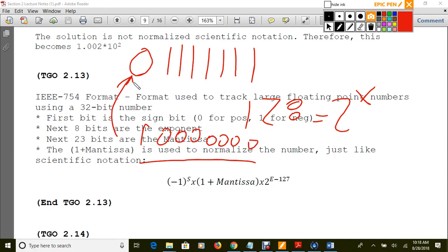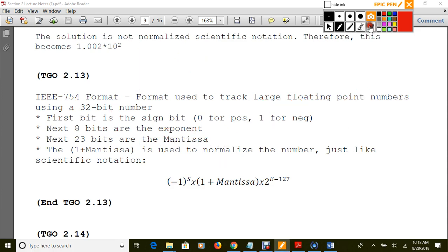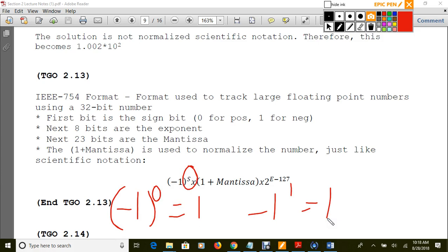Is that s, the negative 1 to the s? Yeah, very good. So in this case, negative 1 to the 0 is just equal to 1. Negative 1 to the 1 is equal to negative 1.